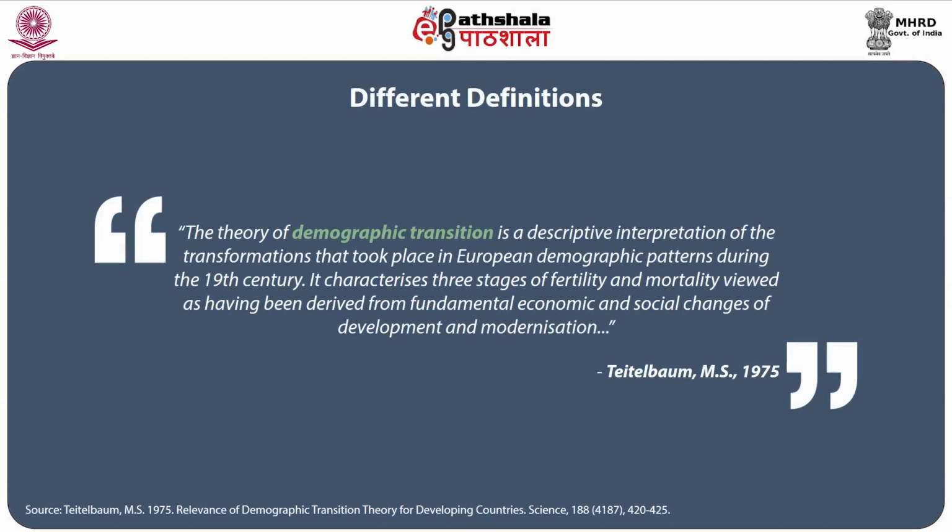The theory of demographic transition is a descriptive interpretation of the transformations that took place in the European demographic pattern during the 19th century. It characterizes three stages of fertility and mortality viewed as having been derived from fundamental economic and social changes of development and modernization, according to Teitelbaum, 1975.